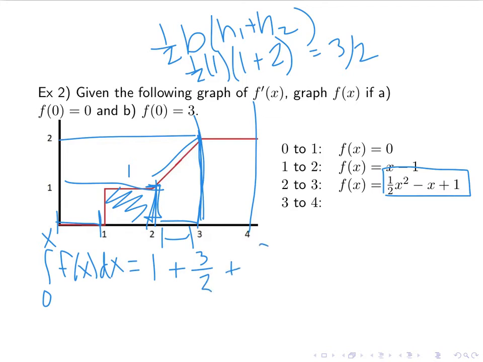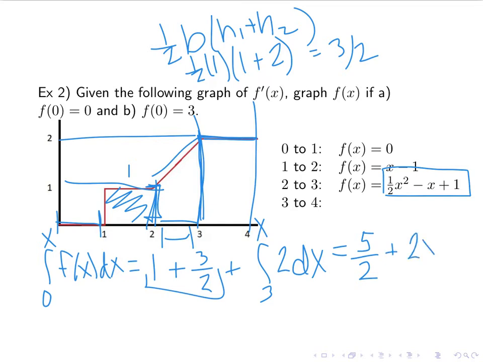And then between 3 and 4, it's going to be the integral from 3 to x of my function, which is the straight line y equals 2. So I'm going to clean that up. I've got 5/2 from here. And then I've got my integral of 2, which is 2x from 3 to x.